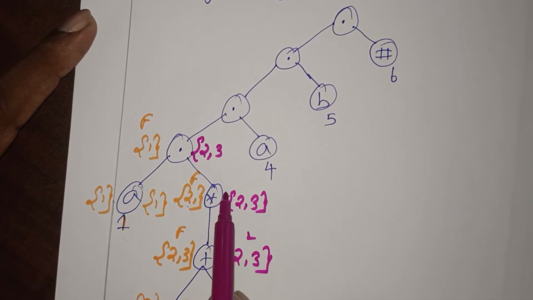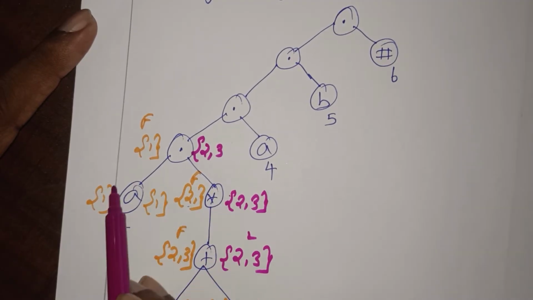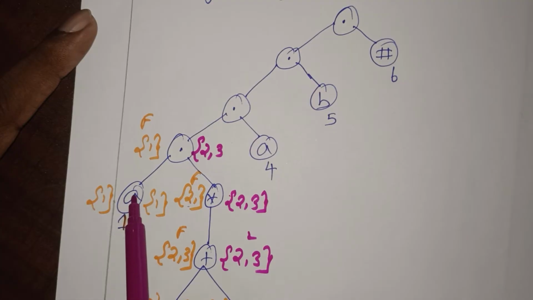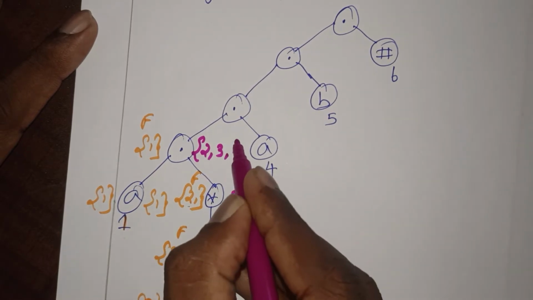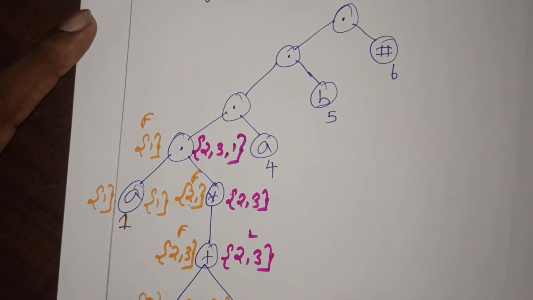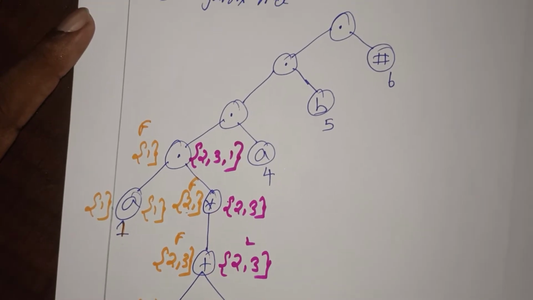And if this asterisk, that is the closure, is null, it will take the union of this value. What is the union of this? 1 is there in both the first and the last, so I am going to have the same value here. Got it? That is the only tricky thing whenever you get this closure. All the other parts are simple now.